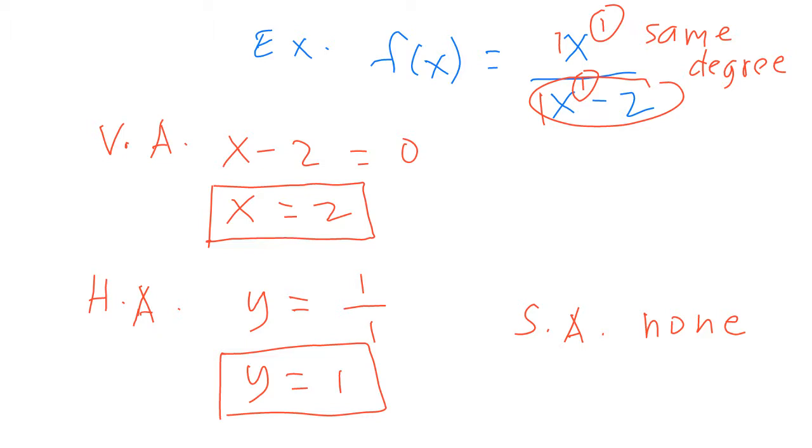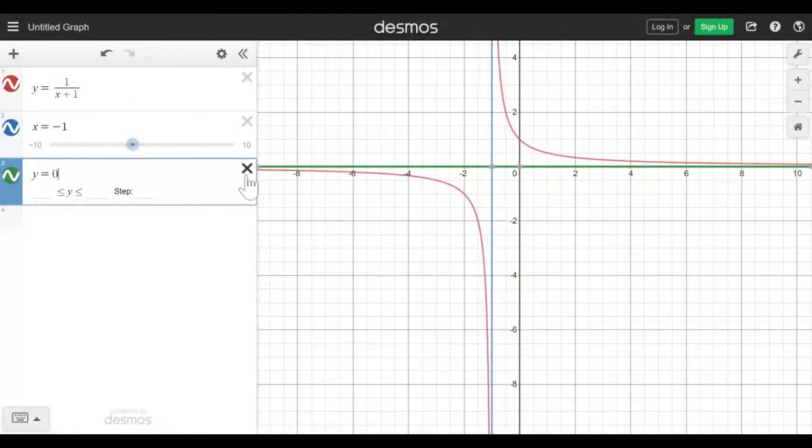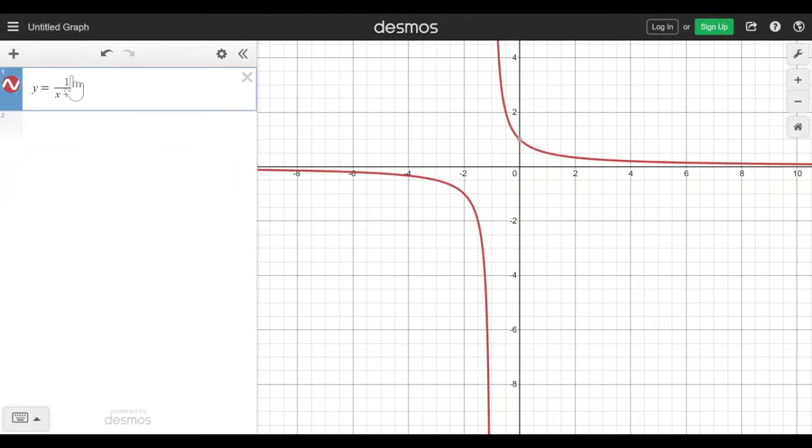So note for these two equations here, x is equal to 2, that's the vertical line passing through the broken part of the graph, and y is equal to 1 is a horizontal line passing through the broken part of the graph also. Okay, so let's show you the graph here. This is from the previous example.